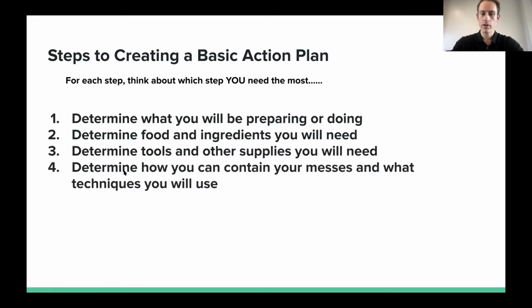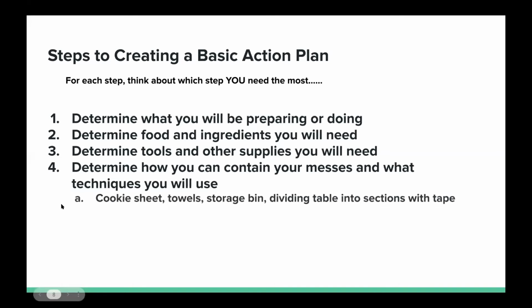Step four, determine how you can contain your messes and what techniques you will use. And we'll explain more about these and what they look like here shortly. But again, remember to be thinking about which step you need the most that could really help you do better with your food preparation.